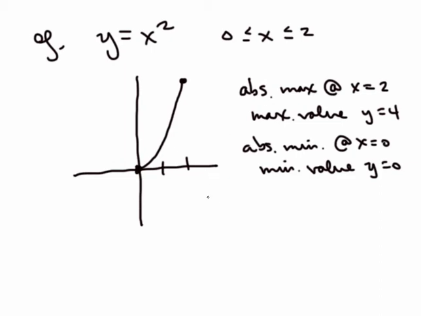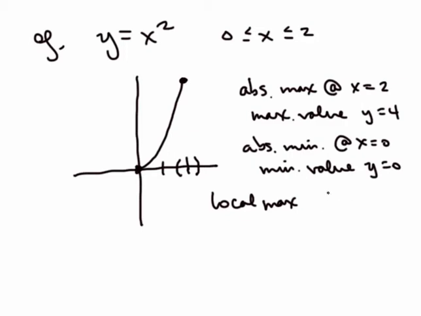What's strange about this example is that if you ask me about a local max, there actually isn't a local max here. You would probably guess that this would be our candidate for a local max right here. Now if I take an open interval around this and look at the function on that interval, it's true this point is the highest point on the left side, but on the right side there's no function here, which means there's nothing to compare, so I can't make a statement that this is the highest point in this region because there's nothing else in the region.